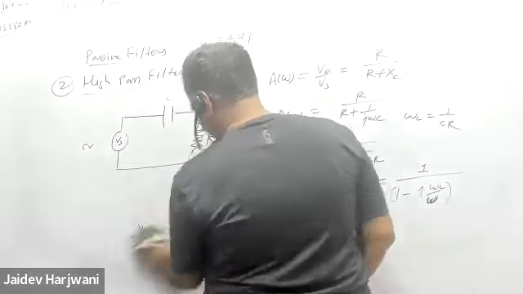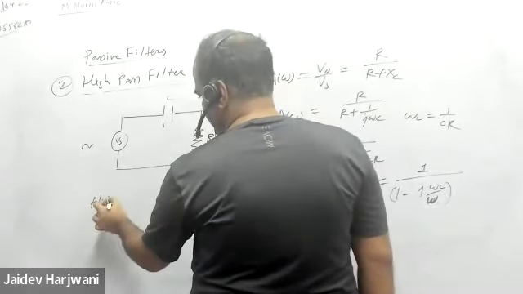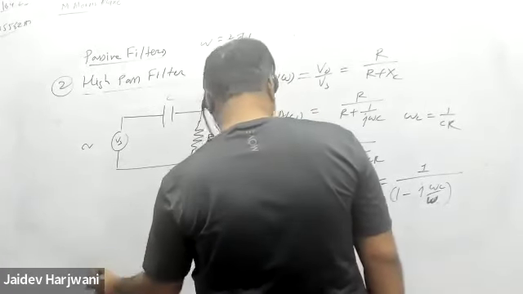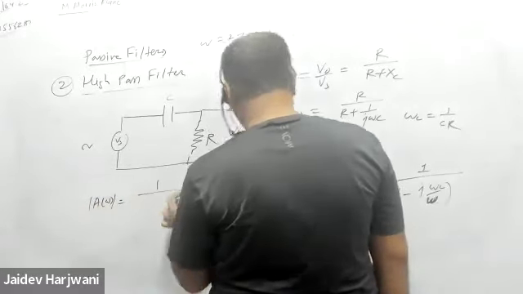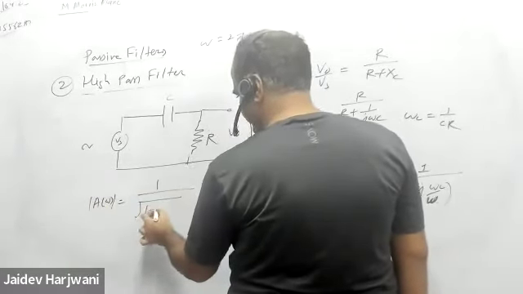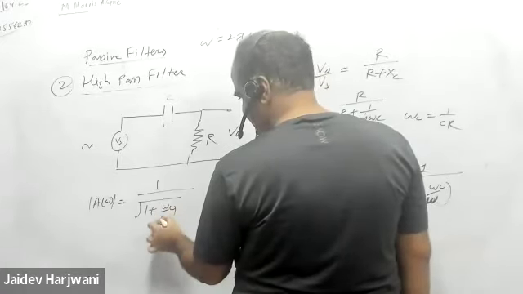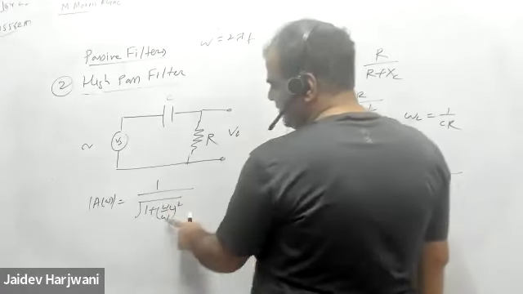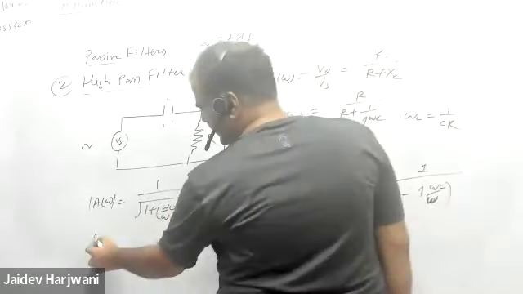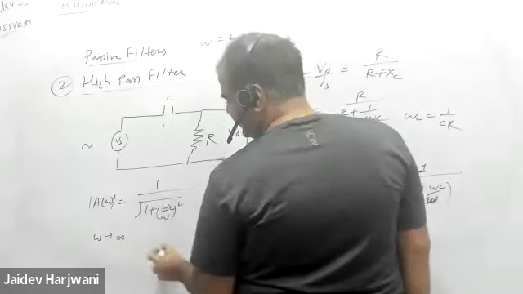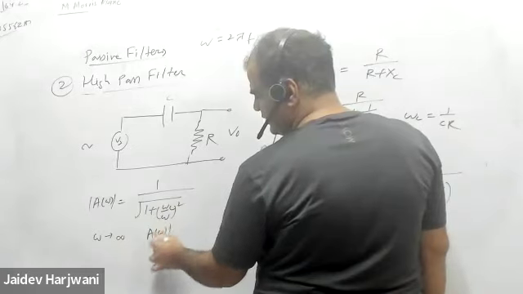Now write the magnitude. So the magnitude of the gain will be 1 upon under root 1 plus the square of omega C by omega. In low pass this was on top, in high pass this is at the bottom. And now if you say omega is infinite, this term is 0, gain is 1.